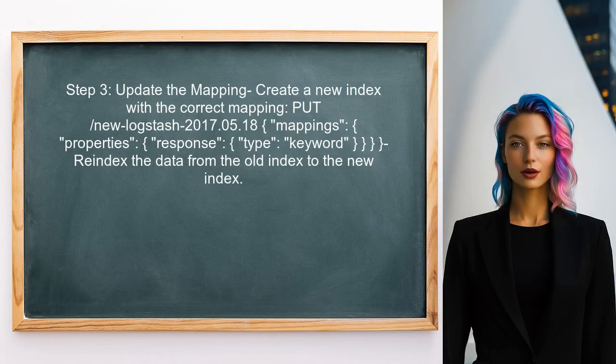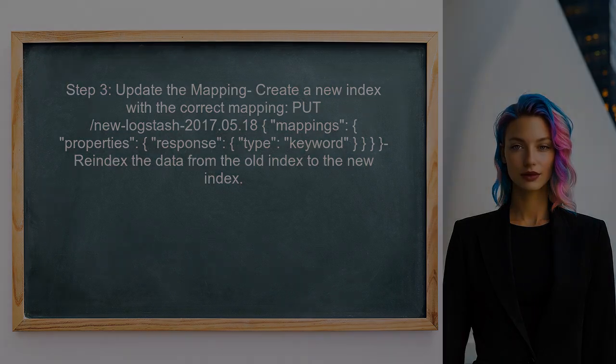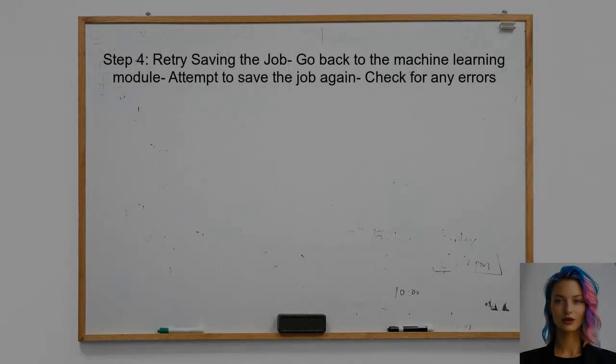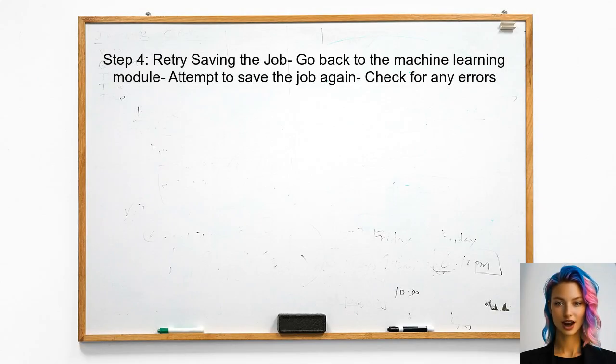If the response field is indeed an object, the user will need to update the mapping. This can be done by re-indexing the data into a new index with the correct mapping for the response field. Finally, after re-indexing, the user should retry saving the job in the machine learning module. This time, it should work without the merge error.